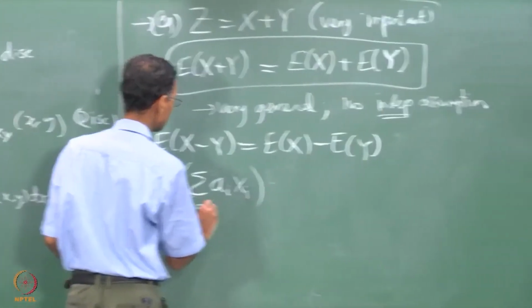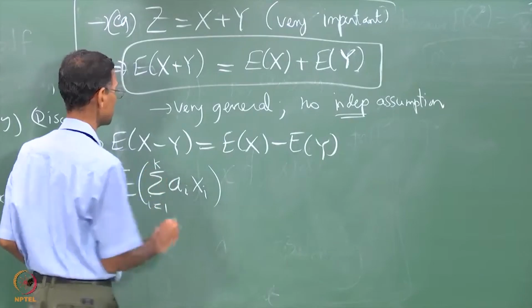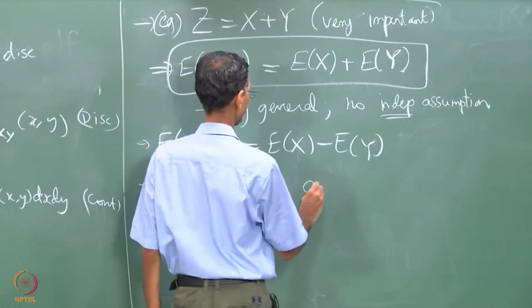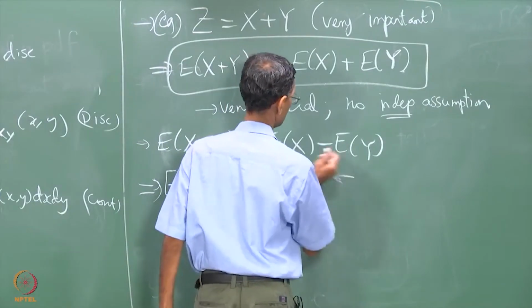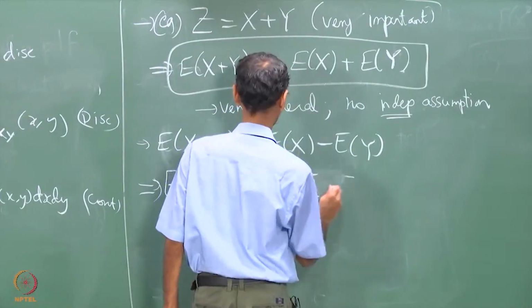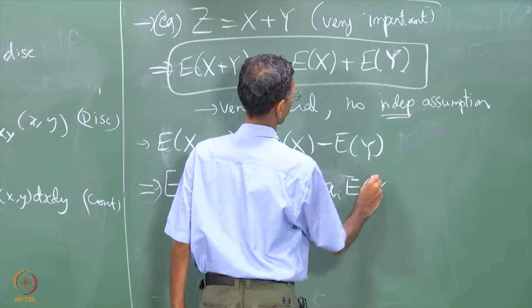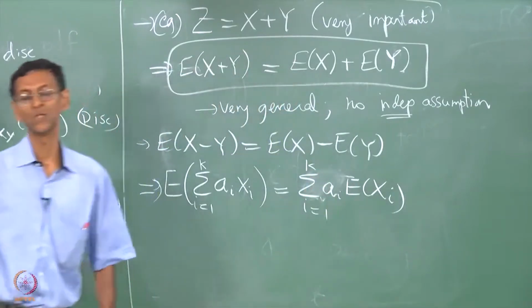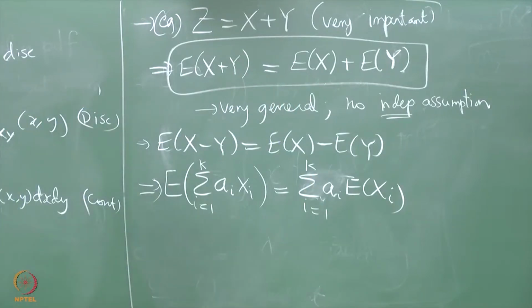Supposing I have some k random variables. They can be dependent, independent, I do not care. So this will be equal to this weighted combination.